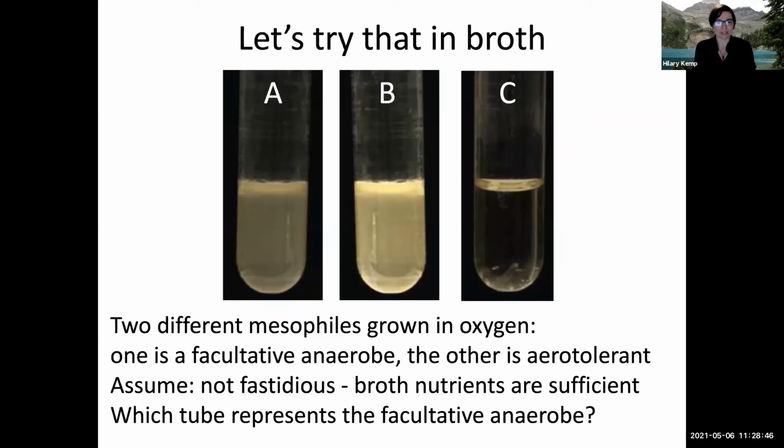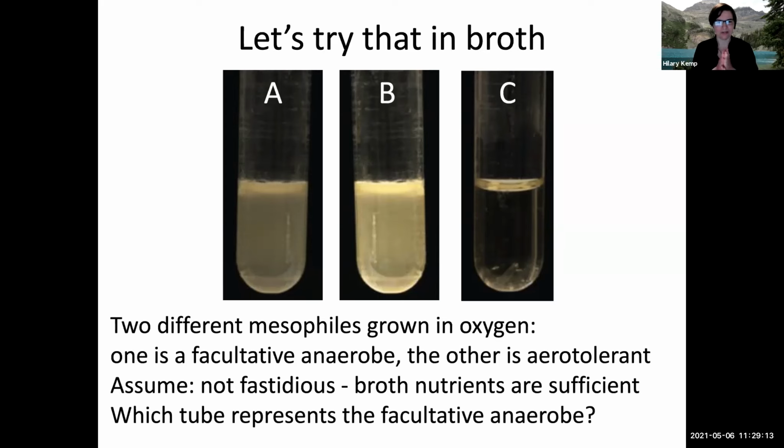Now there's 3 options here, but there's only 2 species. So I'm giving you all the possibilities: grow really well, don't grow, or grow medium. Which of these tubes represents the facultative anaerobe grown in oxygen? And which one, the other one would be the aerotolerant. Maybe I'm going to ask this a different way because I think this question, just the way I've worded it, is a little bit confusing.